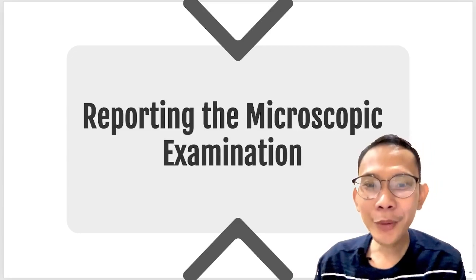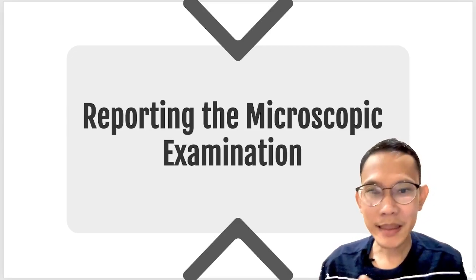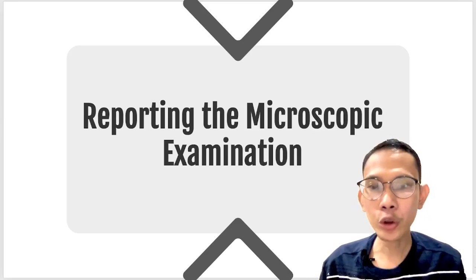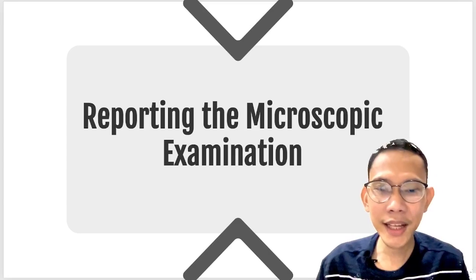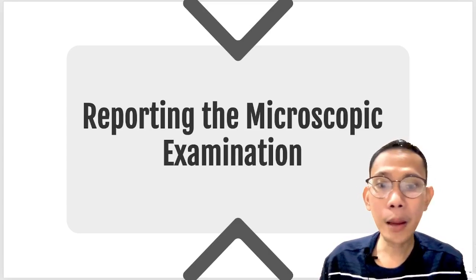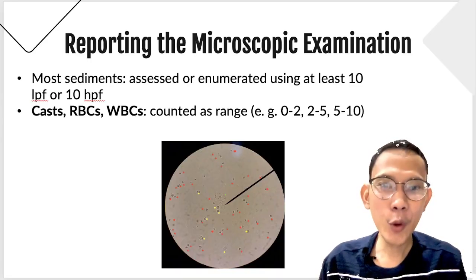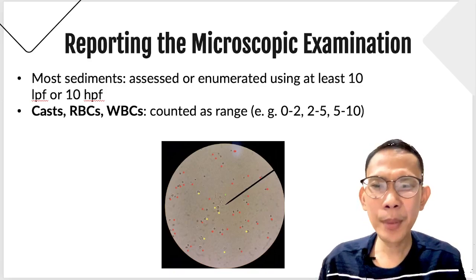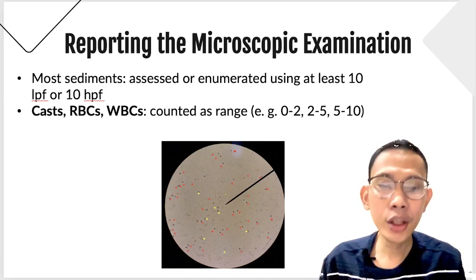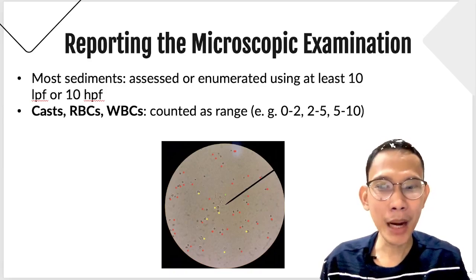Reporting, so we're done with in terms of how do we prepare our smear, the steps, the volume, the centrifugation process, transferring it to the glass slide. Now we will proceed to the last part, which is reporting the microscopic examination. Most sediments are assessed or enumerated using at least 10 low power fields or 10 high power fields.